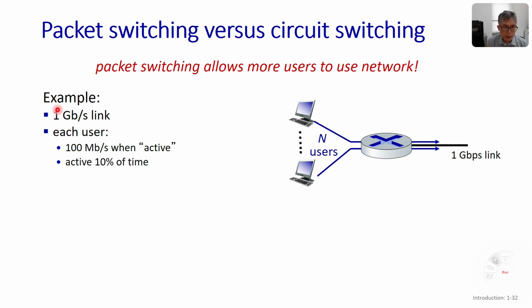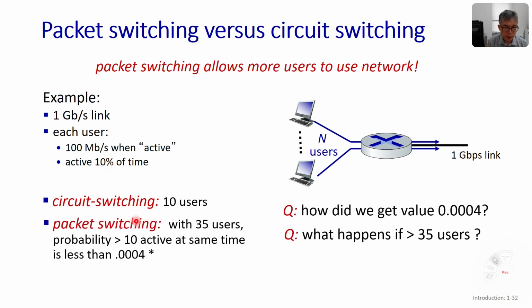For example, a 1 Gbps link, where each user is active at 100 Mbps. With 10 users, the active time is 10% of the time. So circuit switching supports 10 users, while in the packet switching case we could have 35 users, because the active time is 10%. Simultaneous access to the link, and the probability, we can calculate.